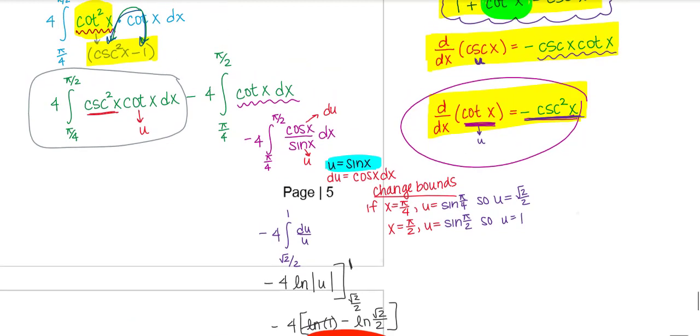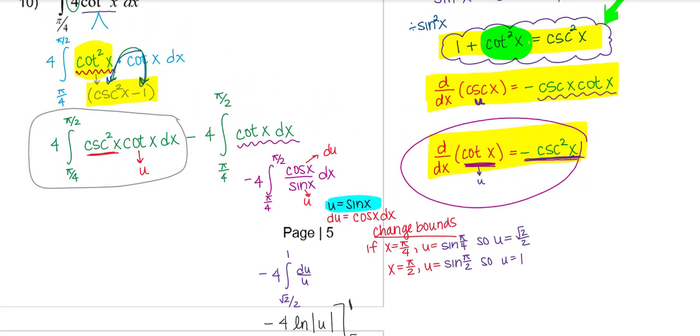Look back at your cotangent derivative. We're here again. So if the derivative of cotangent is negative cosecant squared, all you need to do is multiply a negative in and a negative out. So u is cotangent of x. Du is this negative cosecant squared x dx.